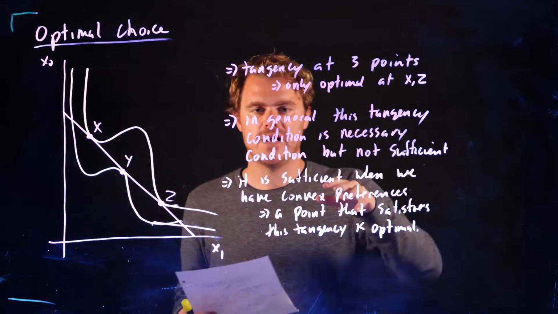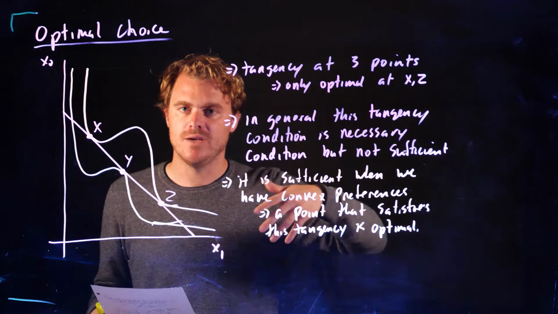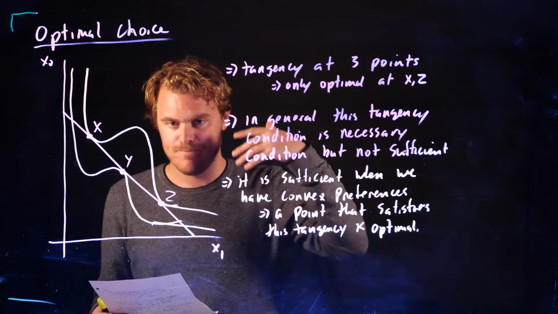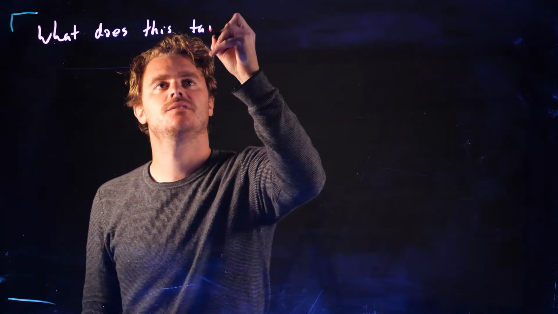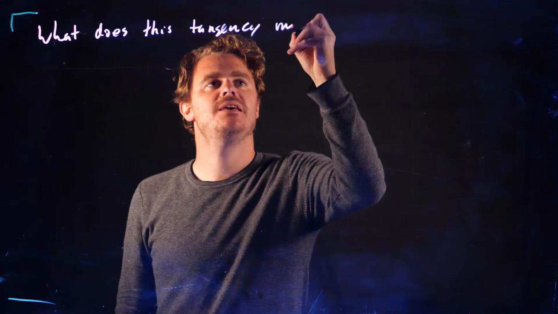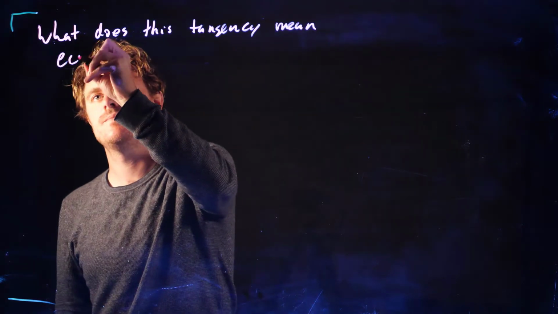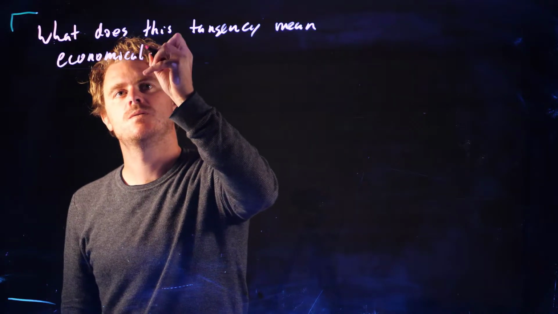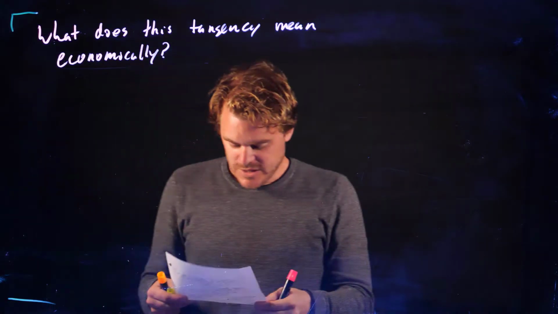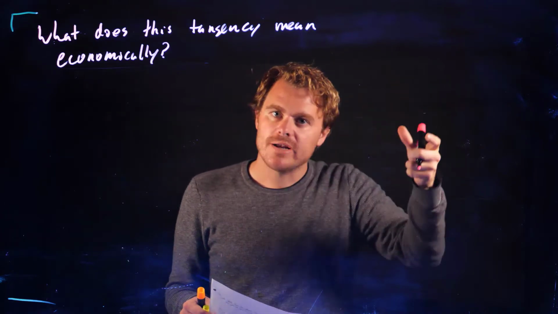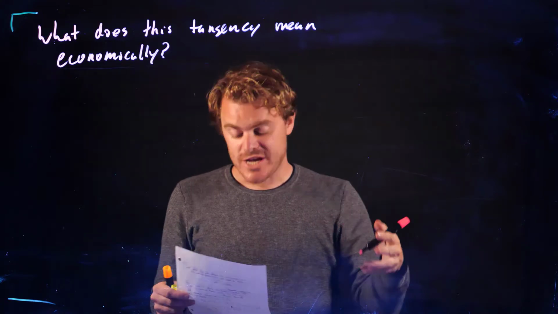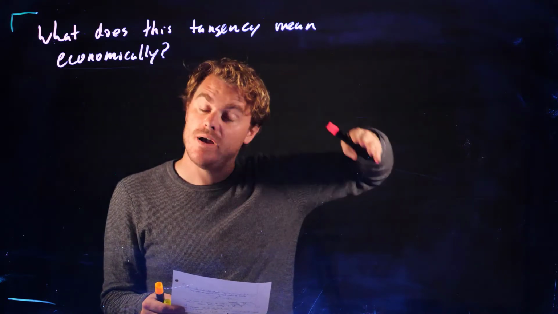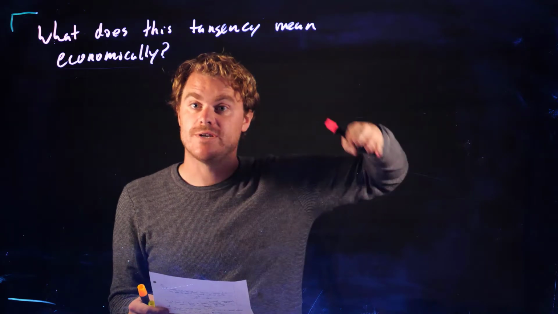But now let's move on and discuss more intuitively what is happening with this tangency point. What does this tangency mean economically? It's like the market is offering a certain exchange rate, the slope of the budget line, those price ratios.